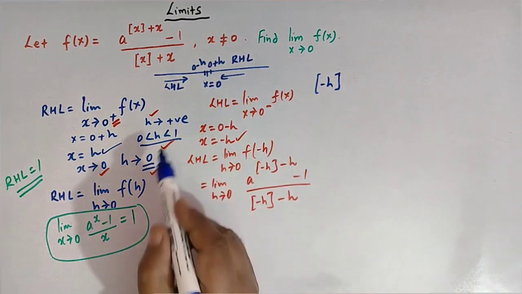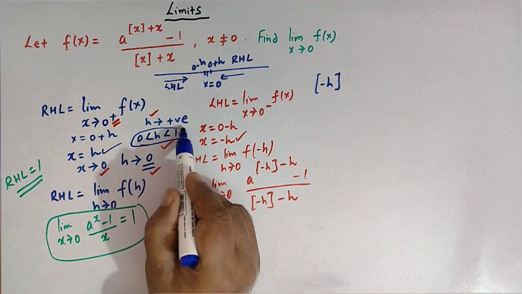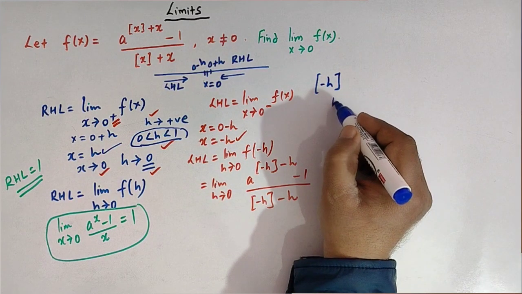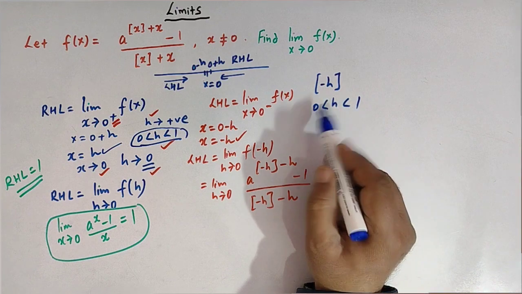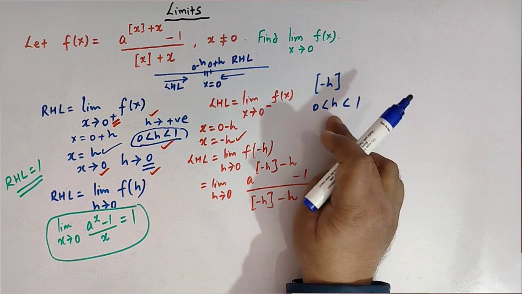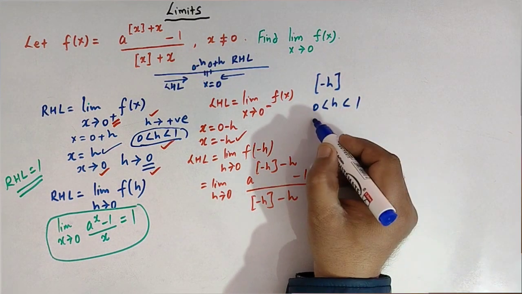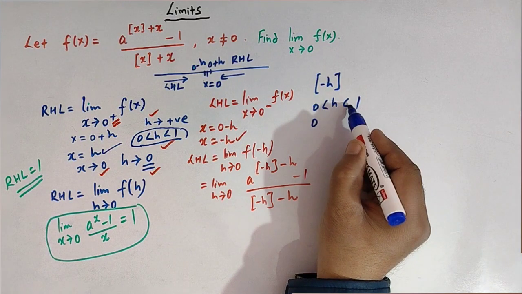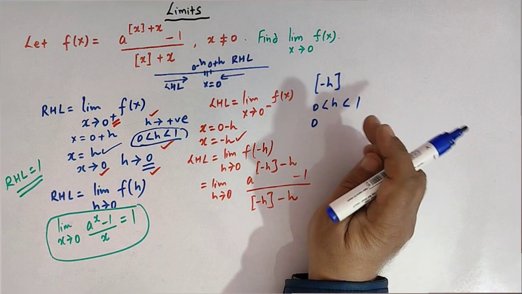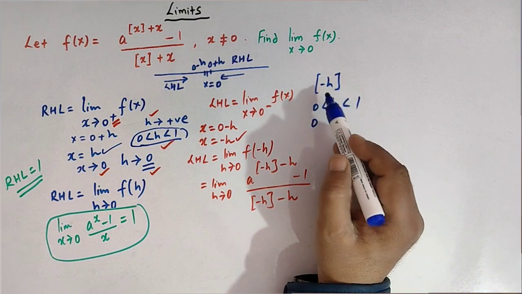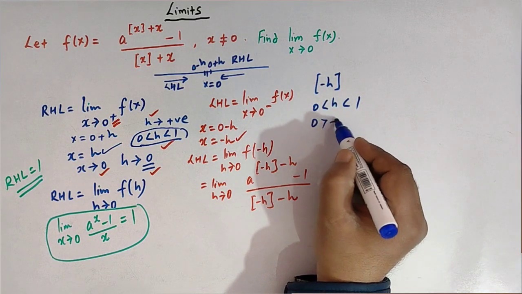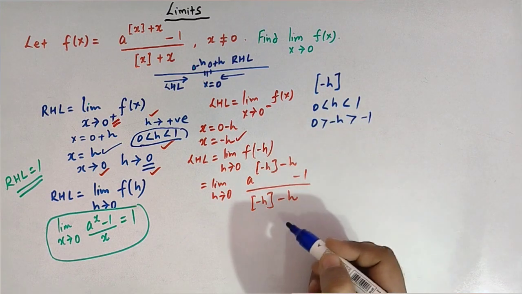So for this we'll use this inequality, right? So we know that h lies between 0 and 1. So let us multiply throughout by -1. So we have 0, and the direction of the inequality gets reversed once we multiply throughout by -1. So here we have minus h, here we have minus 1.